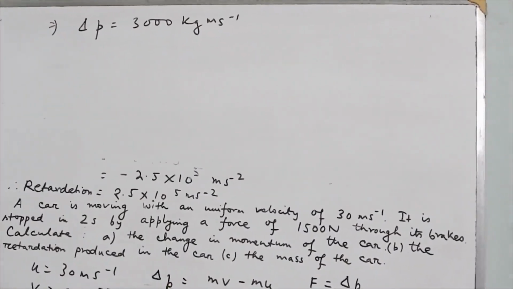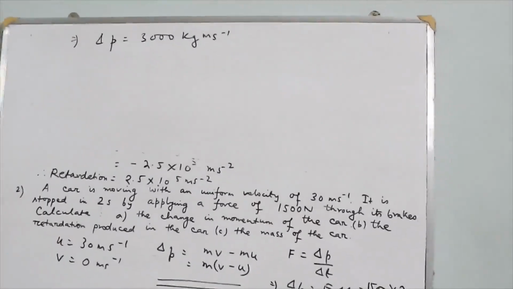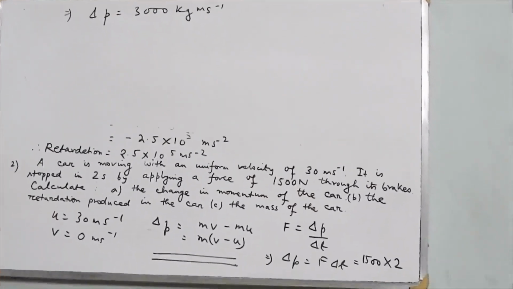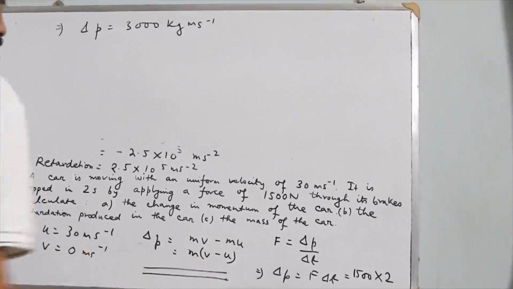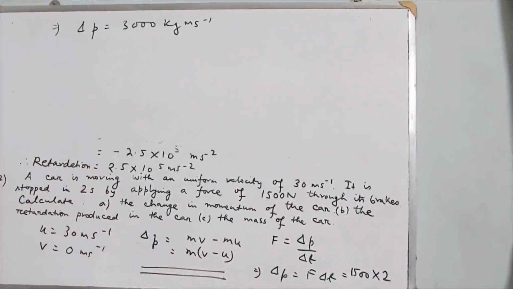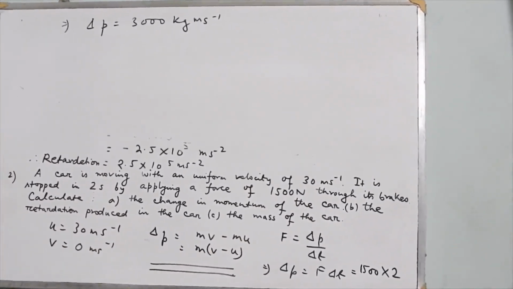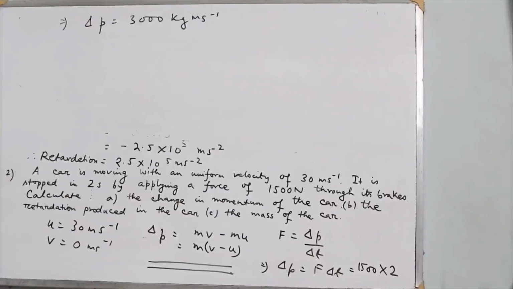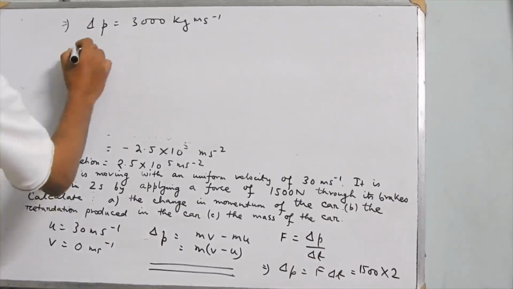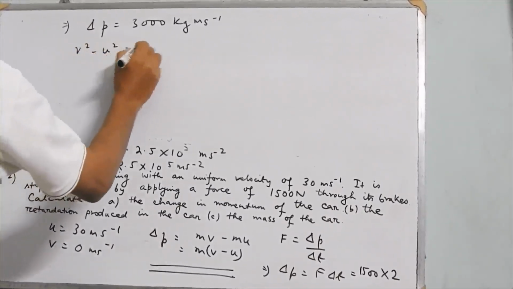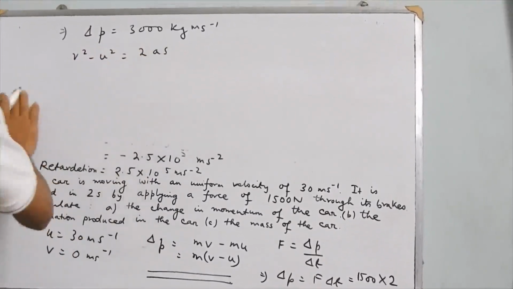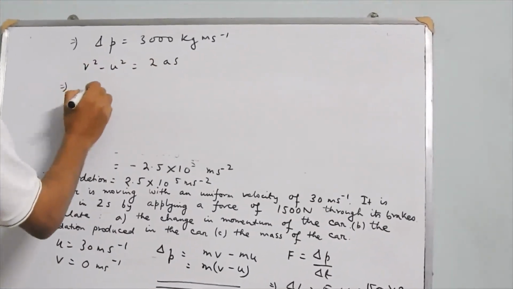Now to calculate the retardation produced. Again you can calculate it from the value of F equal to delta P by delta T, but the mass is not provided. So what you can do, you can again use the formula v squared minus u squared is 2as. So v, that is the final velocity, is 0.